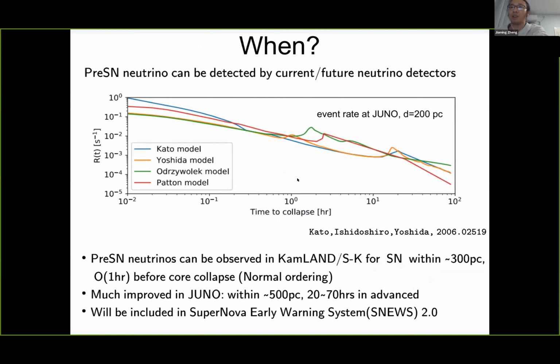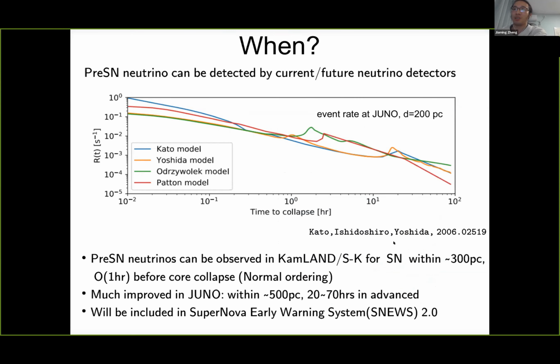It has been shown that when a supernova progenitor approaches its core collapse phase, its emitted neutrino flux would increase over time. And eventually, it will reach a level that it can be detected by current or future neutrino detectors.